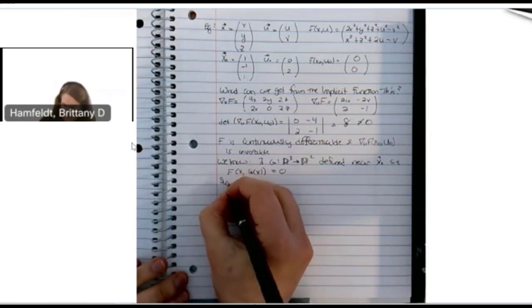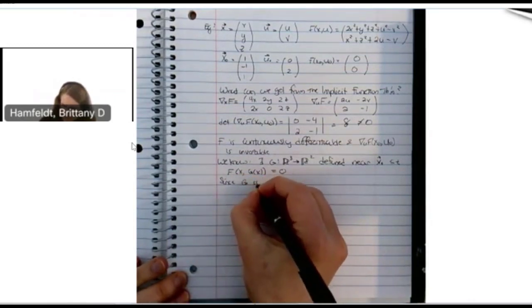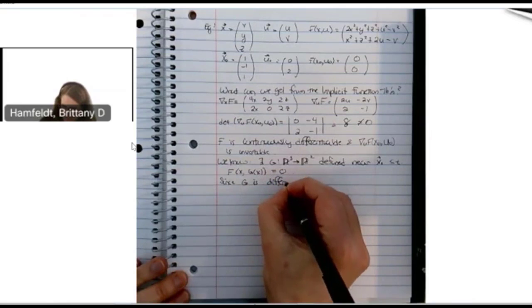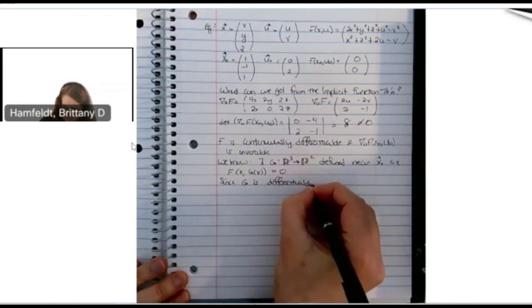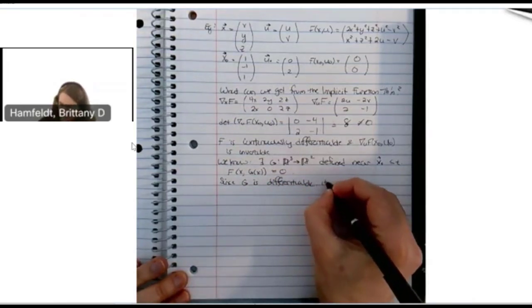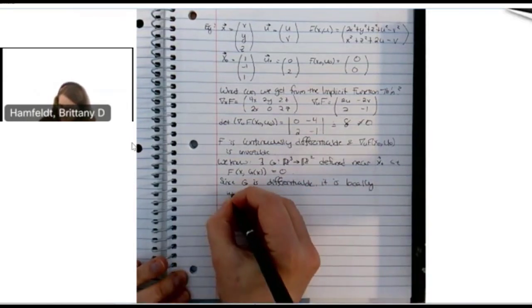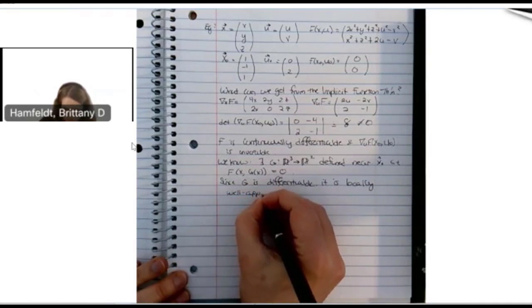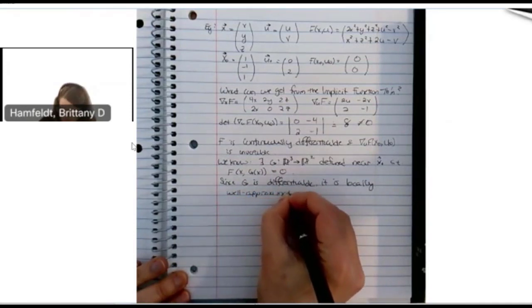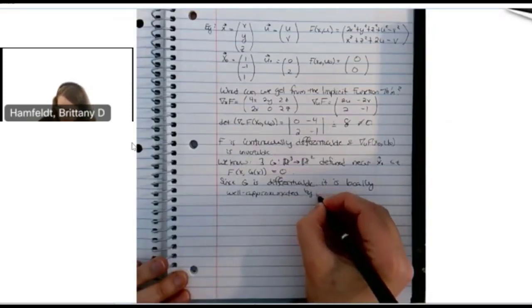So since g we know is differentiable, we know that it is locally well approximated by its linearization.